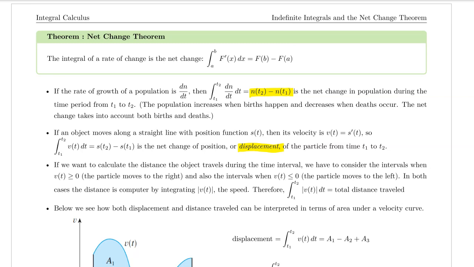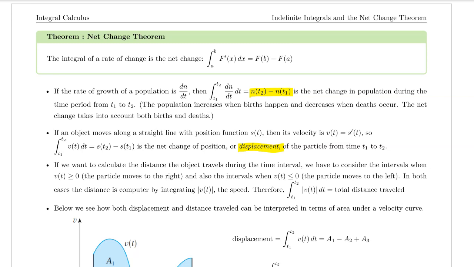The next bullet point says, if we want to calculate the distance the object travels during the time interval, we have to consider the intervals where the velocity is greater than or equal to 0, the particle moves to the right, and also the intervals when the velocity is less than or equal to 0, or when the particle moves to the left. In both cases, the distance is computed by integrating the absolute value of v of t.